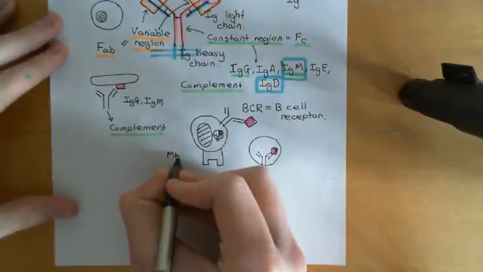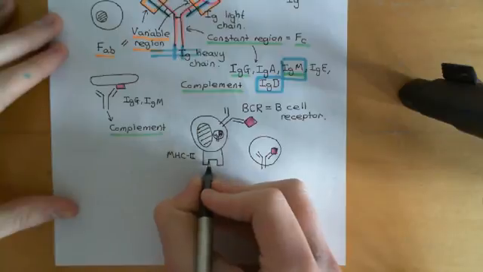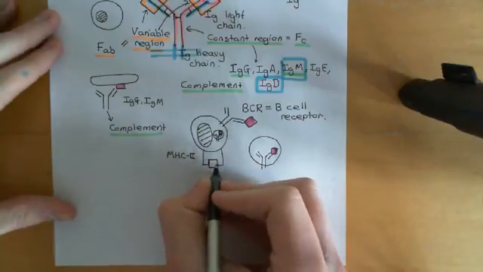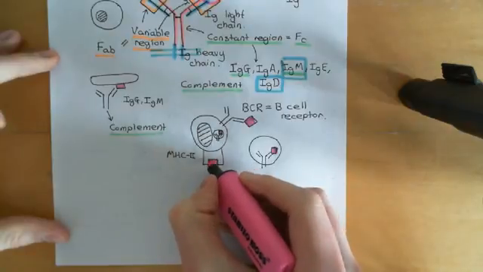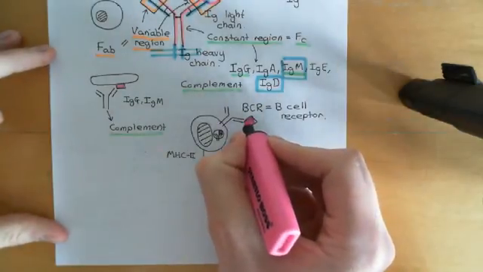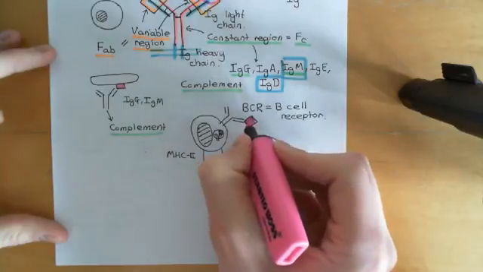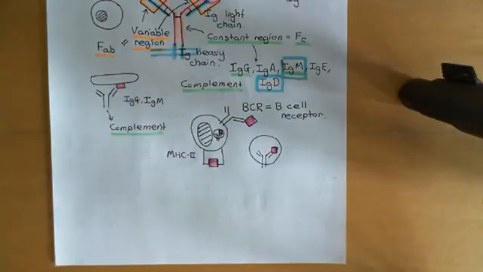Here is the MHC class II molecule, and in this MHC class II molecule you're going to have the little fragment corresponding to that specific epitope of purple antigen that we have been studying the adaptive immune response against. That's going to be put on at least one of these MHC class II molecules.